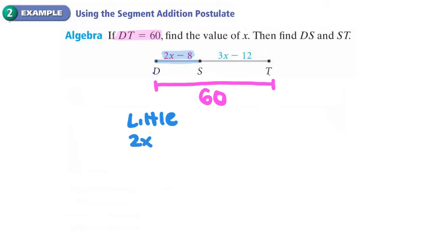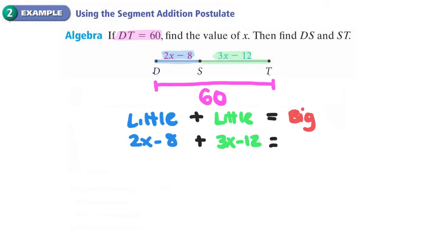So I can say I have 2x minus 8 plus the other little segment, ST, which has a length of 3x minus 12, equals the big segment, which in this case has a length of 60, as given to us.